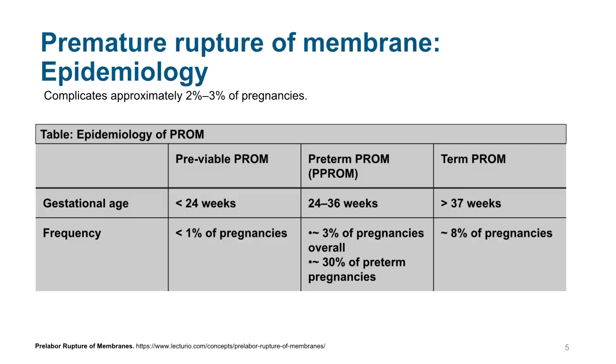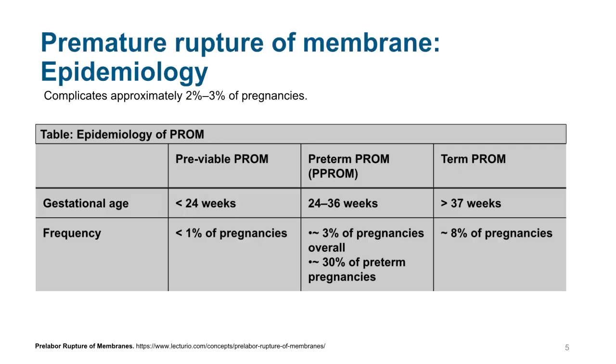So this table is pointing out that a term premature rupture of membrane occurs after 37 weeks, and usually the frequency is around 8% of the pregnancies. Usually preterm premature rupture of membrane occurs between 24 and 36 weeks, and overall in 3% of the pregnancies.